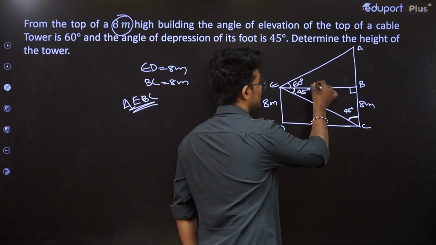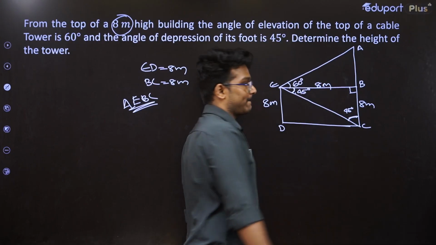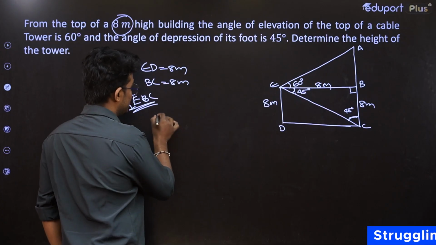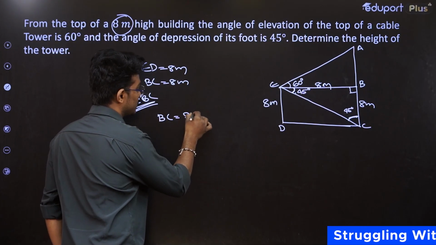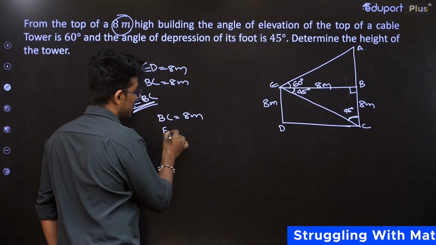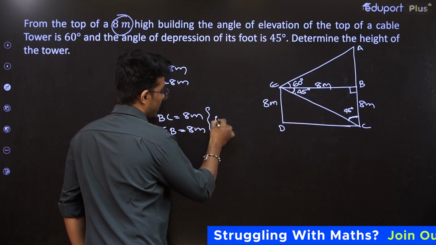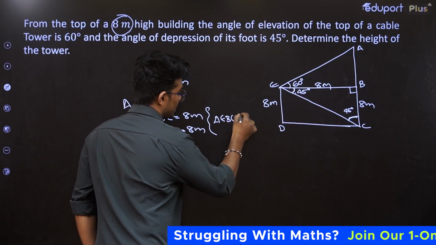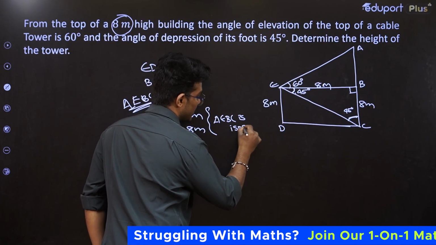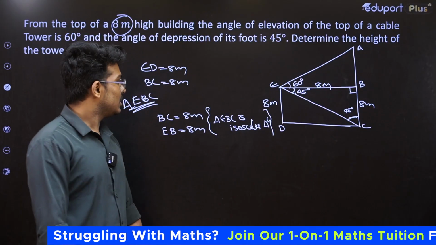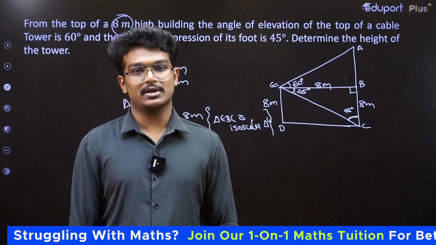Then EB is also 8 meter. I am writing it here. BC is equal to 8 meter. Then EB is equal to 8 meter, because triangle EBC is an isosceles triangle.